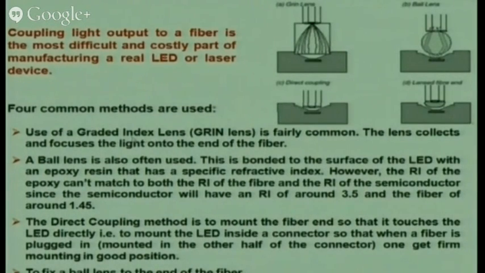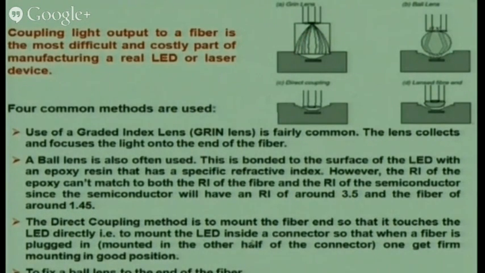So one is the gradient index lens, another one is the ball lens. For all these lenses I must use an epoxy so that I can jointly couple this. In the direct coupling method, I can push the fiber to the surface so that it touches the LED directly.